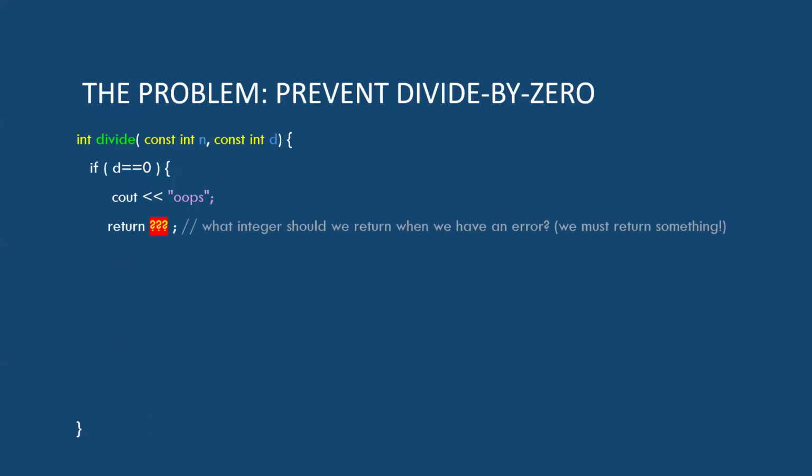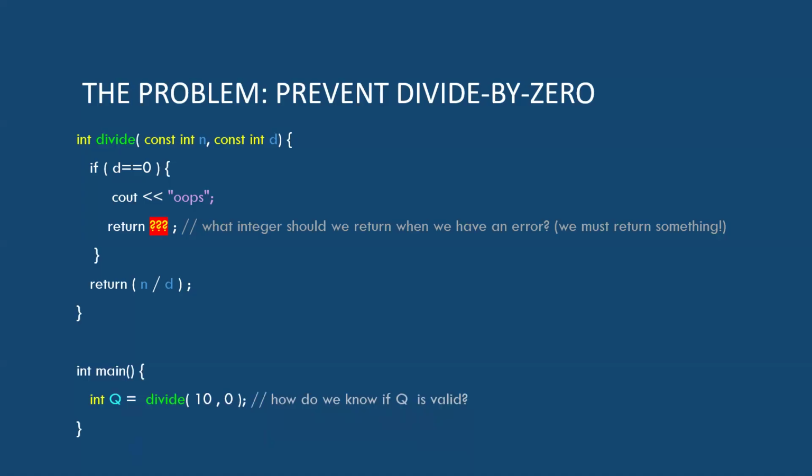So we got to return something, but what is the right thing to return there, right? There's kind of no win solution, because if I return some bad math like 0, clearly 0 is not the right answer when I divide by 0, and I don't want to return infinity. It's just kind of a messy situation, okay?